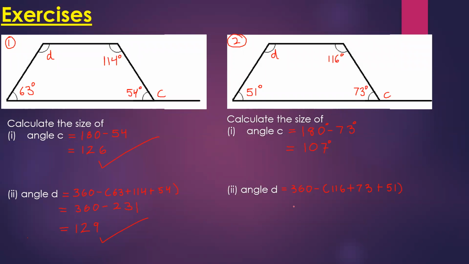Which is equal to 360 degrees minus 240. It's gonna be 240, right? And what is 360 minus 240? 120. 120. That's correct.